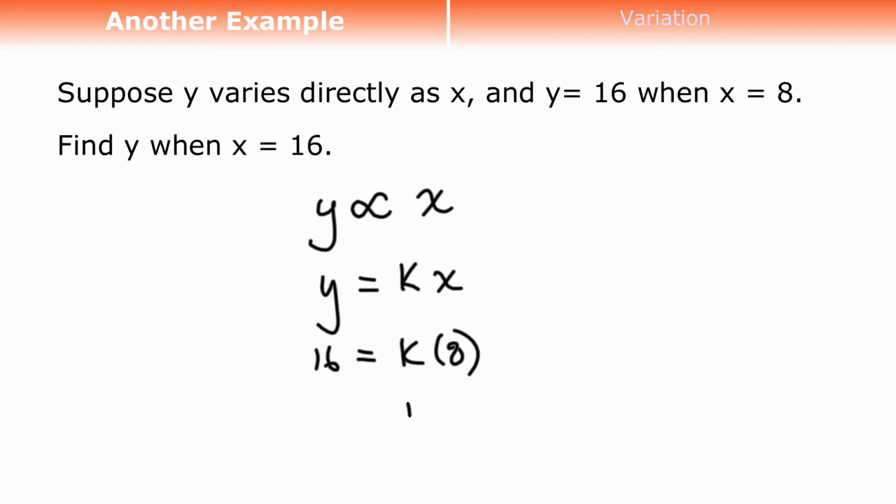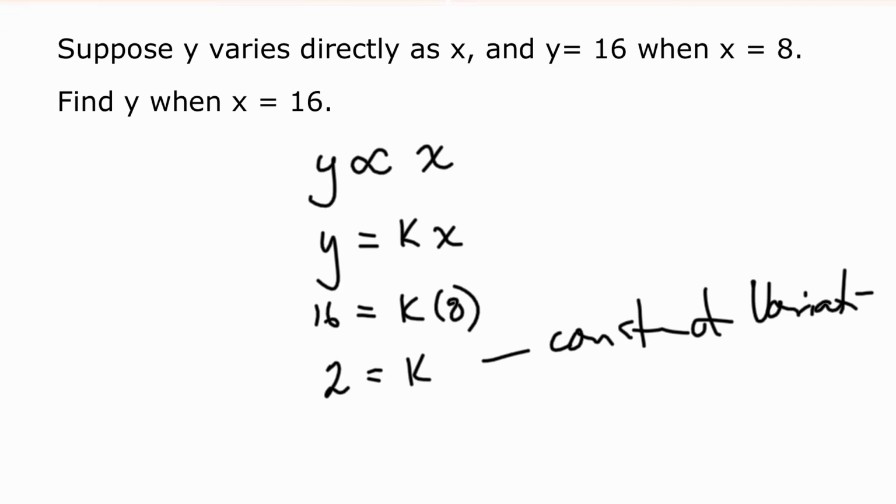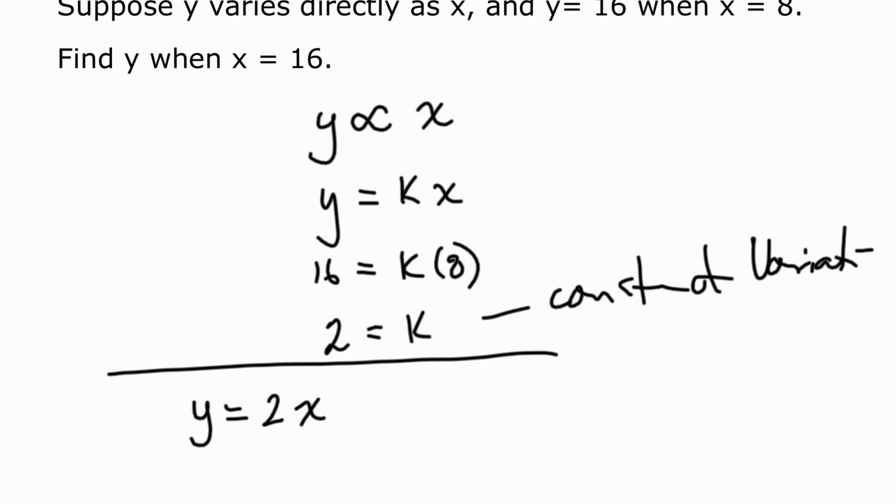To solve for k, you're probably thinking just divide by 8, that's right. 16 divided by 8 is 2. So my constant of variation is 2. Now I can rewrite this formula, putting a 2 in for k. So for that particular variation, y is equal to 2 multiplied by x.